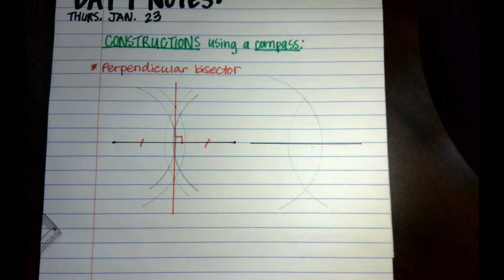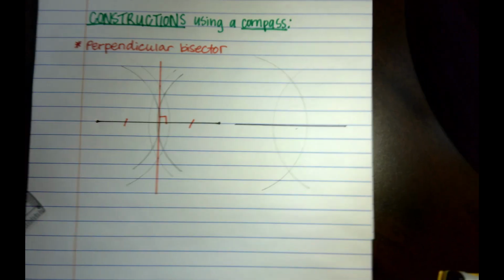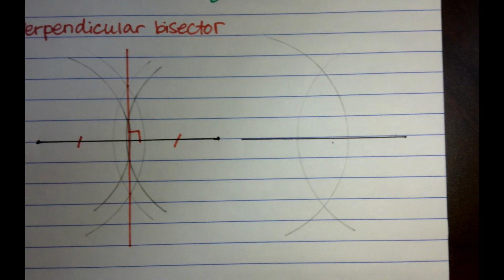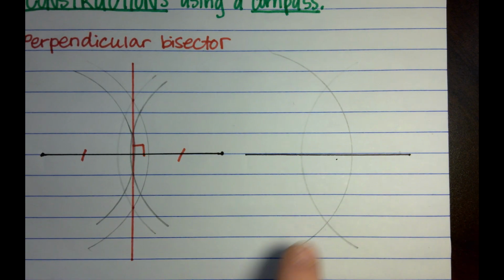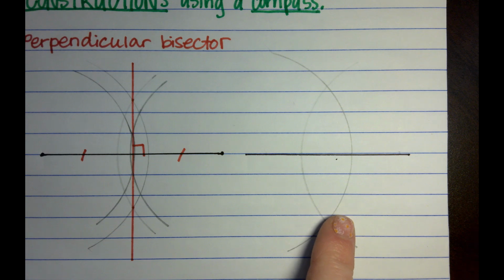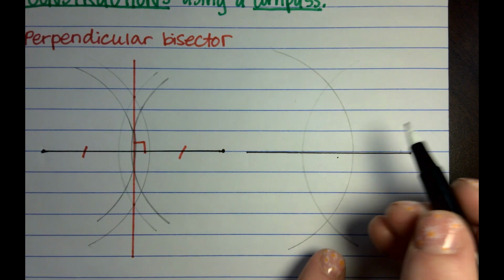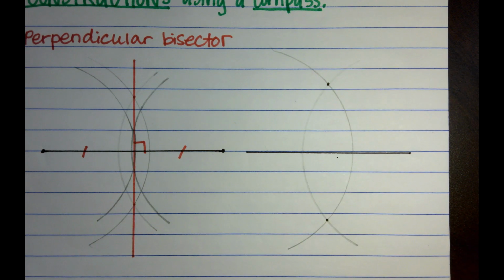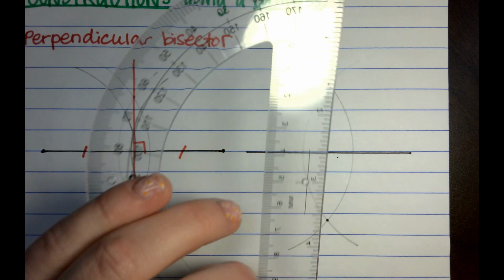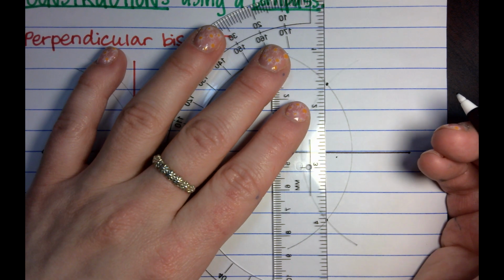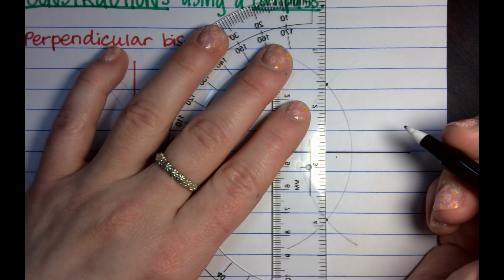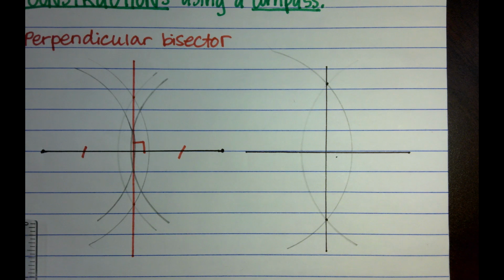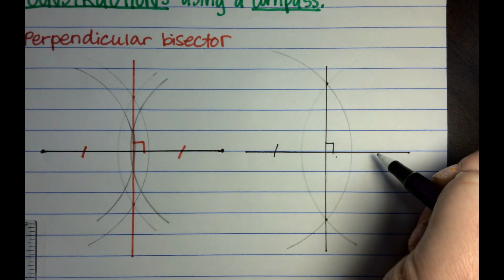These are my intersections. Is this really difficult to see for you guys? I don't know if that pencil's too light. Are we able to see this okay? Yes. Okay, good. So these are the points that crossed. And we just make another line going right through them. Okay. Just like that. Square, tick marks.